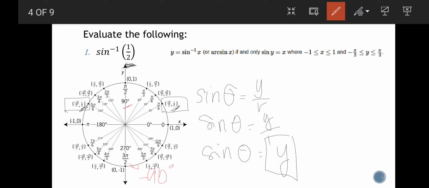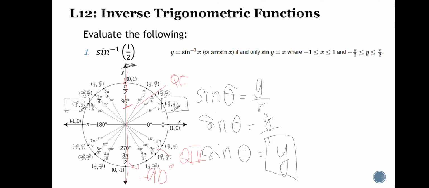So that means that the value that you should get should only be in these two quadrants. It should only be from quadrant 1 and from quadrant 4. Now take note, we have here two possible values, 30 degrees and 150 degrees. However, 150 degrees is not within our range. Therefore, our answer is 30 degrees.